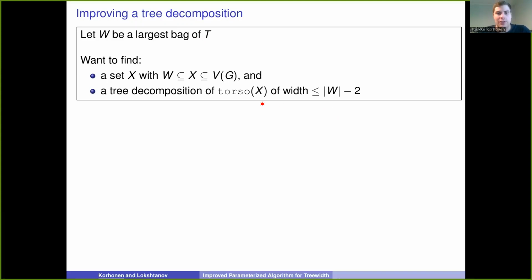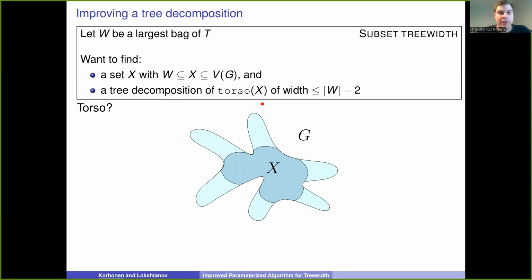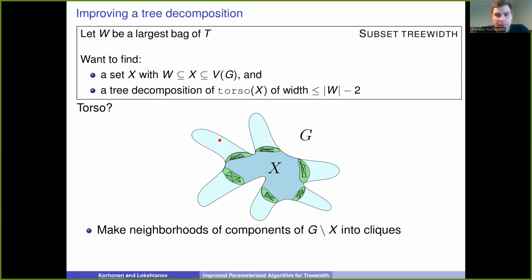Okay, but what is this torso X? This will be the subset treewidth problem. If we have some set of vertices X in the graph, which here we want to be a superset of W, then the torso means we look at this set X in the graph, look at the components of G minus X, and make their neighborhoods into cliques. Here this is a component, this is a component, and so on, and for each of these, this green thing represents their neighborhood made into a clique.